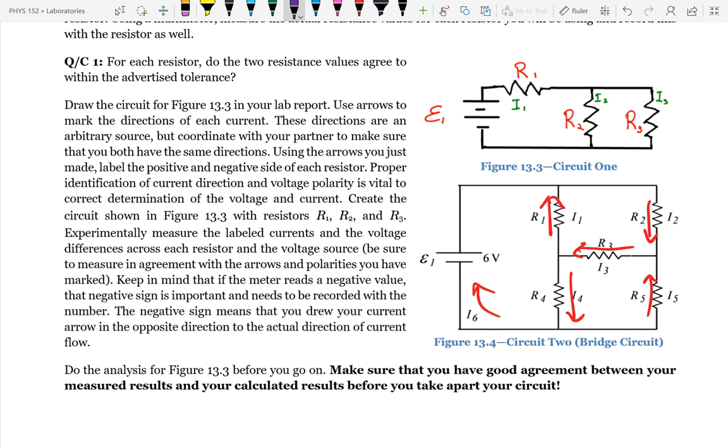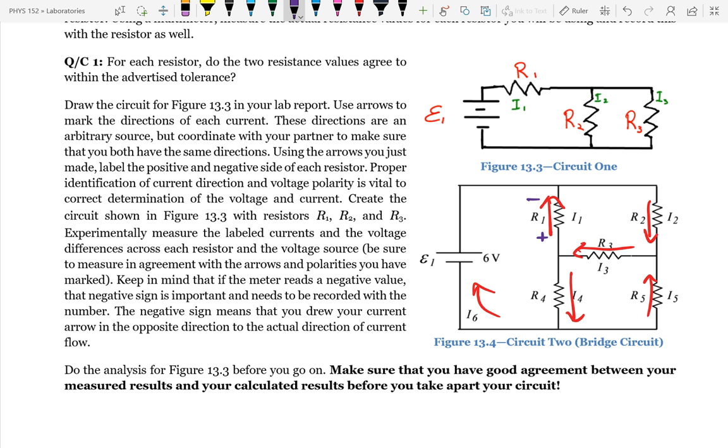Once you have them marked, mark which side is positive and negative for each one. For instance, with resistor 1, the way I've drawn my arrow, which side is positive? The bottom of it, right? You need to be clear on that.